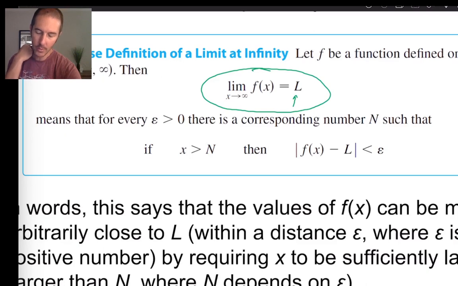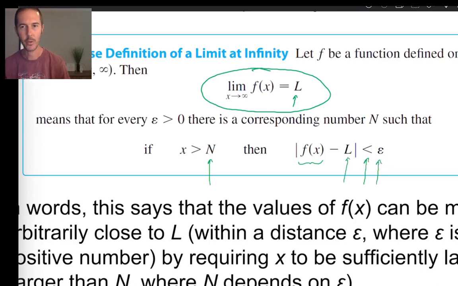The unknown that we most frequently work with, it used to be delta, but in this case it's going to be capital N. And it's that capital N that's going to help us achieve a particular goal. And what is the goal? The goal is this. We want to get the y values of our function to be within epsilon of our limit value.